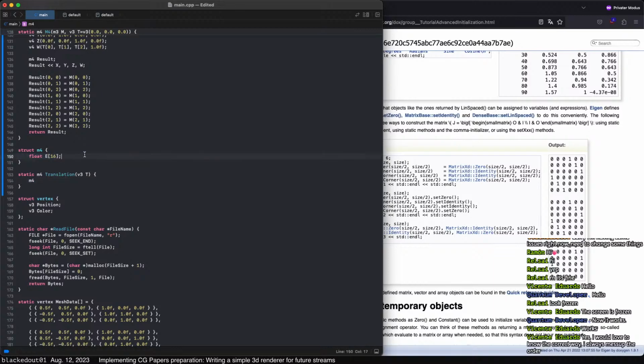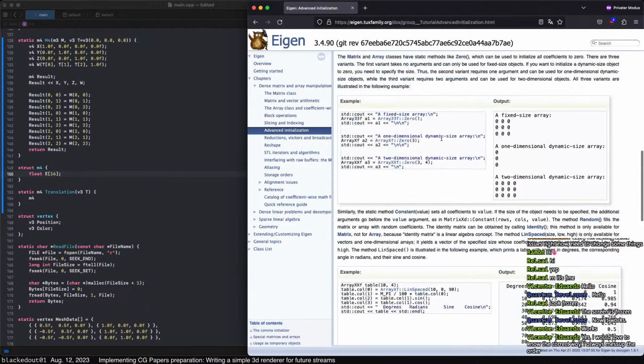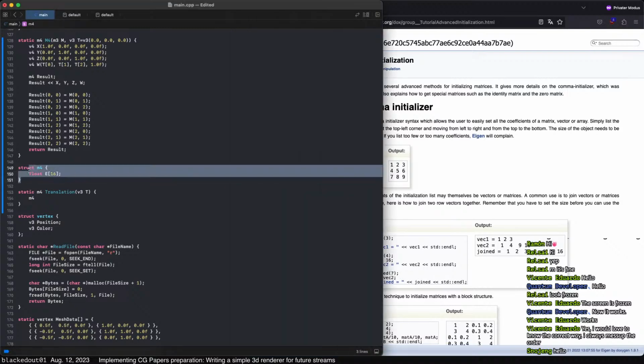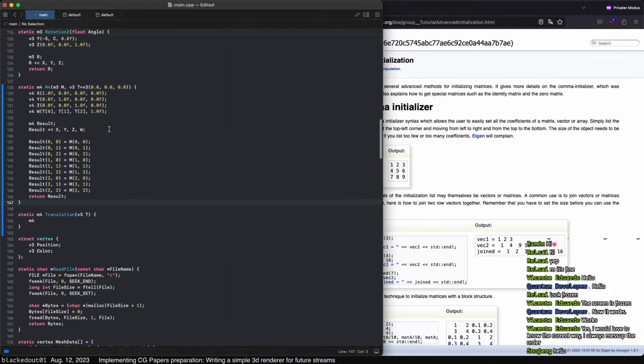But it's a bit hard to input these elements. I get always confused by this, so yeah, I don't know.